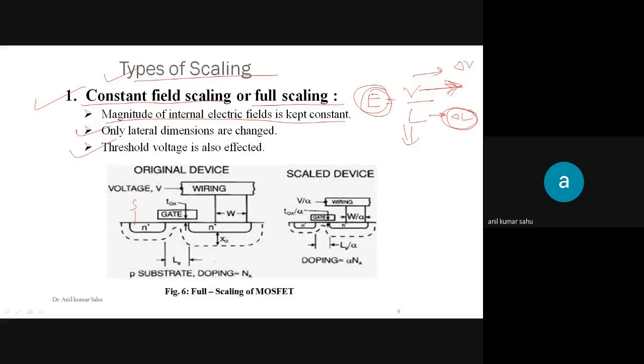After the scaling, the device size can be reduced.